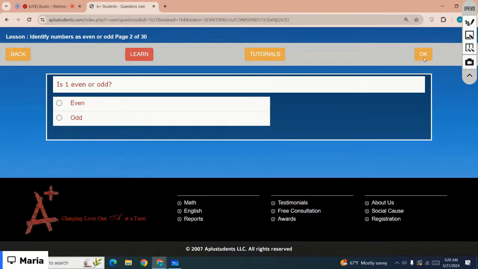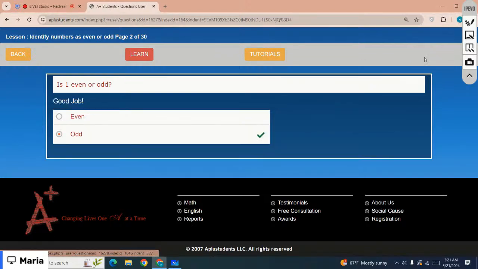Is 1 even or odd, which is the correct option? 1 is an odd number. The correct option is odd.